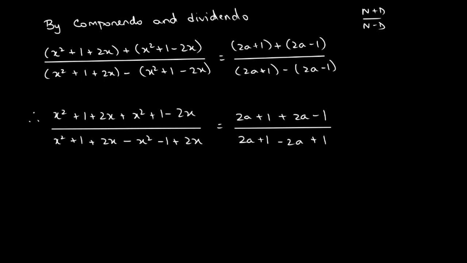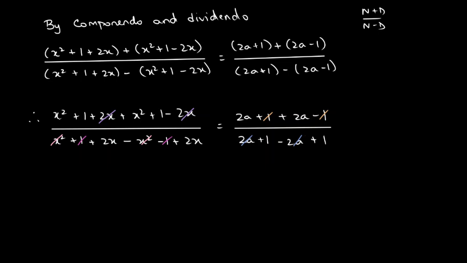Let's start cancelling the terms out now. In the numerator over here, plus 2x minus 2x gets cancelled. In the denominator here, plus x squared minus x squared, and plus 1 minus 1. On the right hand side, plus 1 minus 1 gets cancelled. Furthermore, in the denominator, plus 2a minus 2a gets cancelled.